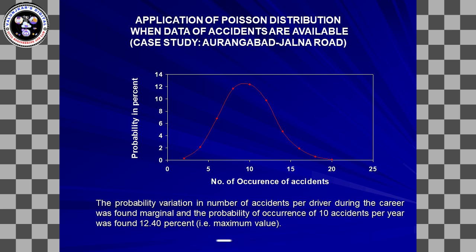This is the distribution of the number of occurrences of accidents and the probability in percentage. The probability variation of the number of accidents per driver during the career was found marginal, and the probability of occurrence of 10 accidents per year was found to be 12.540%, which is the maximum value.